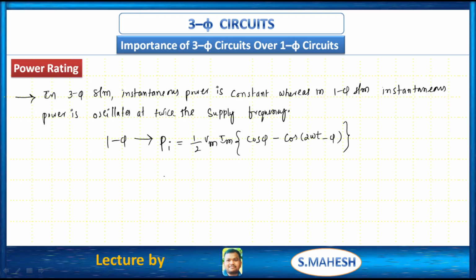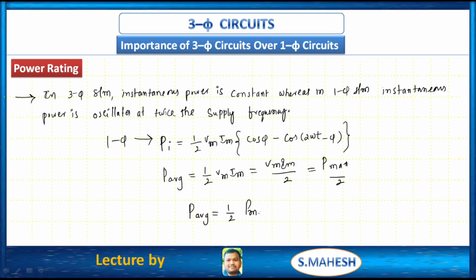This is what we got as average power. P average, for example considering R load, is Vm Im by 2, which is P max by 2. Therefore in single phase P average is half of the maximum power.